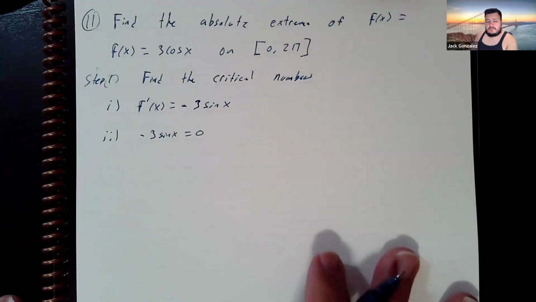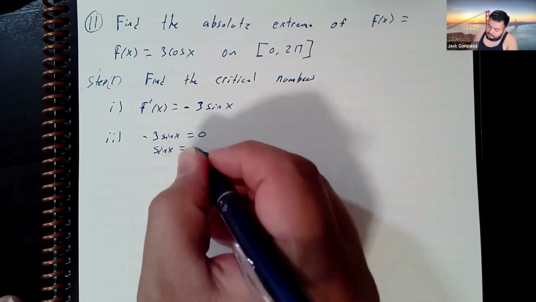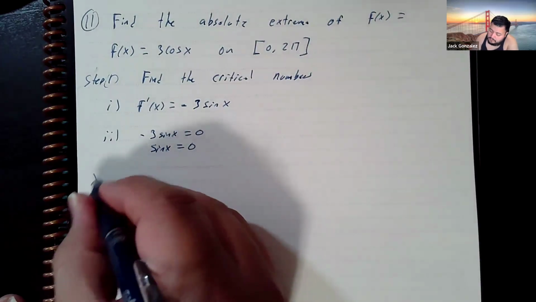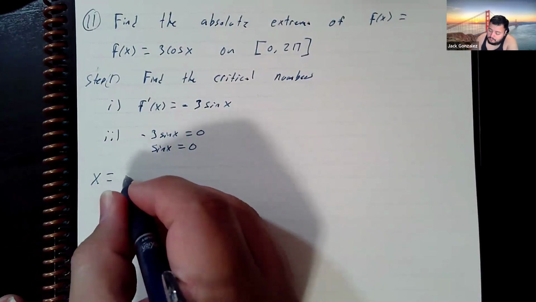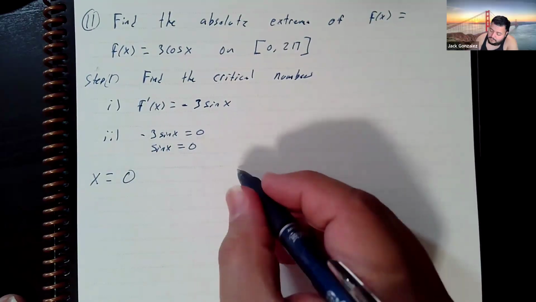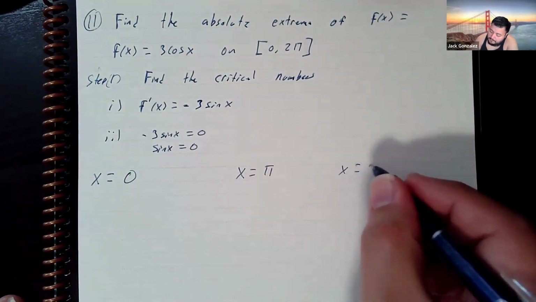When is sine equal to 0? Unit circle: 0, pi, 2 pi.